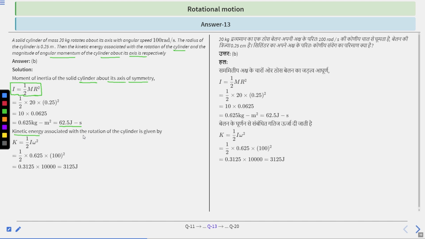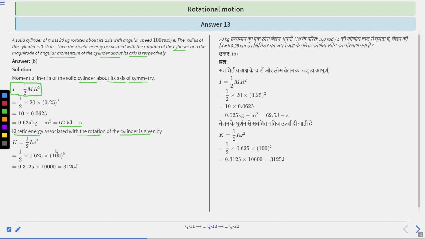The kinetic energy associated with the rotation of the cylinder is given by K equal to half I omega square. We already calculated the value of I, which is 62.5. So put here the value of I: half multiplied by 62.5 multiplied by 100 whole square, in standard units.